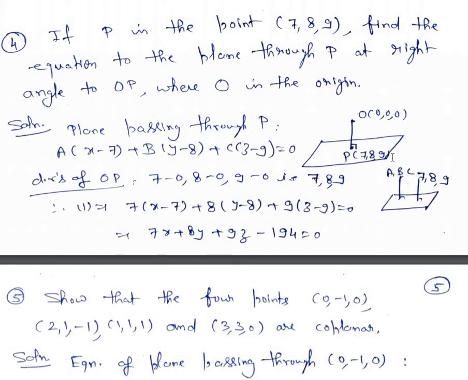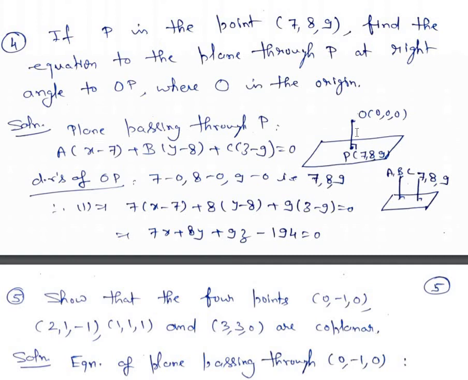Let's find the equation of the plane passing through the point 7, 8, 9 using the one point form. The plane passing through P is a into x minus 7 plus b into y minus 8 plus c into z minus 9 is equal to 0. So we have to find the values of a, b and c. Now what are the direction ratios of OP? Using the formula x2 minus x1, y2 minus y1, z2 minus z1, we get the direction ratios of OP as 7 minus 0, 8 minus 0, 9 minus 0, that is 7, 8, 9.